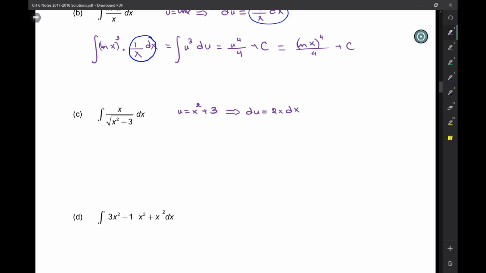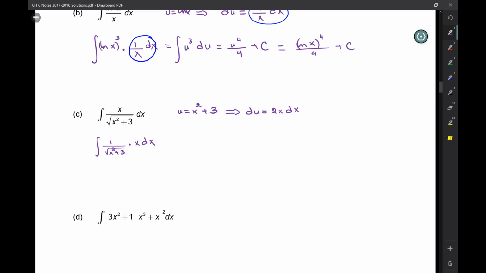Let's take a look at what we have now. I have this 1 over the square root of x squared plus 3, and then I have times x dx, because you moved the x. So if this is 1 over the square root of u, what do I have left over? x dx.